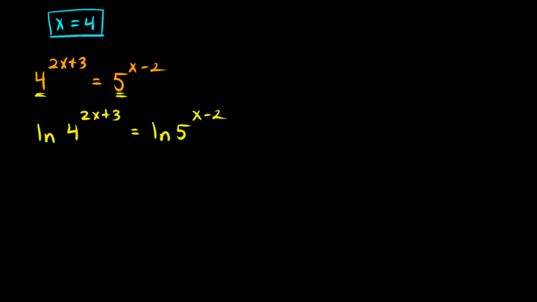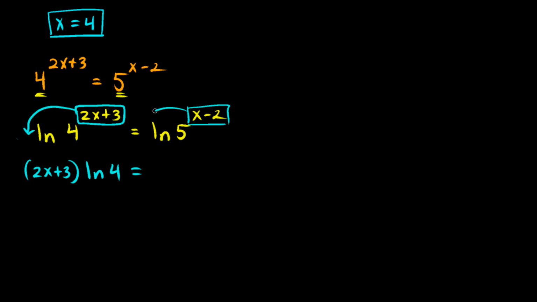Once we introduce the logarithms, we can use the power property, where we take the exponent, and I like to use the word flick. I used to flick it in the front. So 2x plus 3 as a quantity times ln 4 equals x minus 2 in front of ln 5.